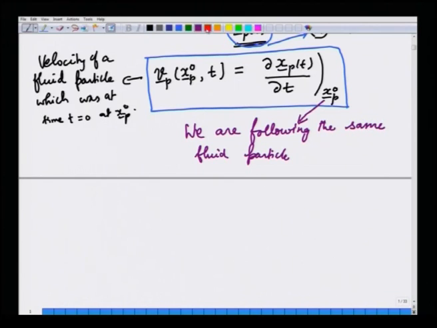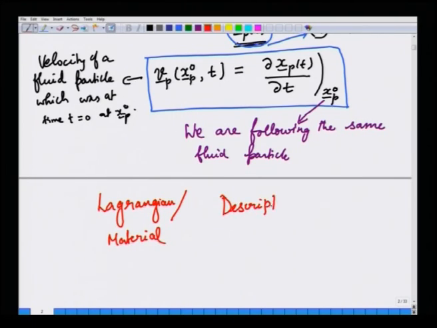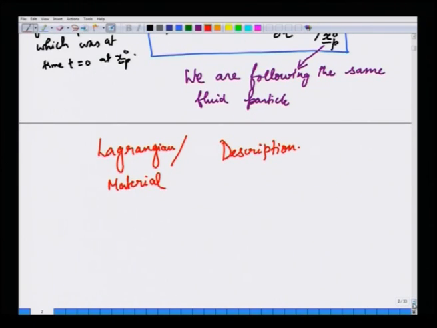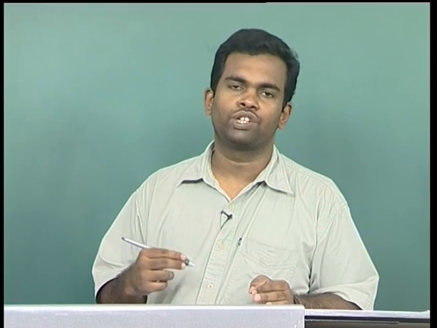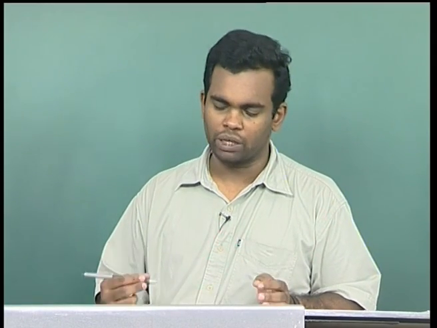This description of fluid motion is called the Lagrangian, or sometimes the material, description. What this description means is that you are following properties of a fluid by following the position of each and every particle as the fluid is moving.